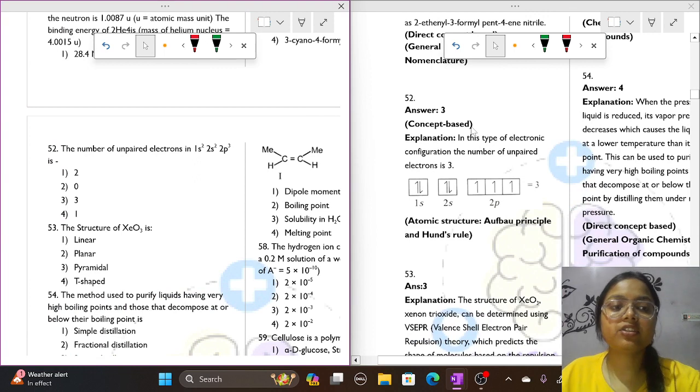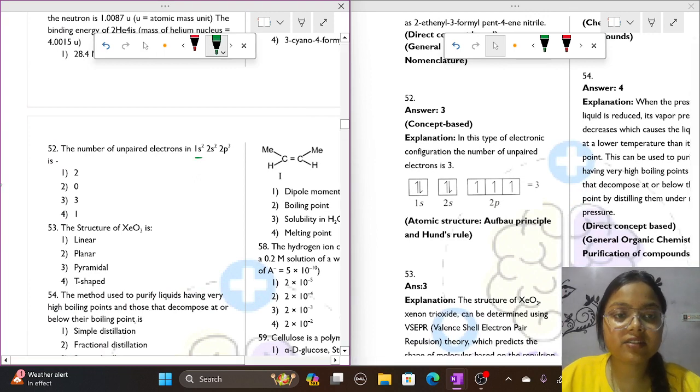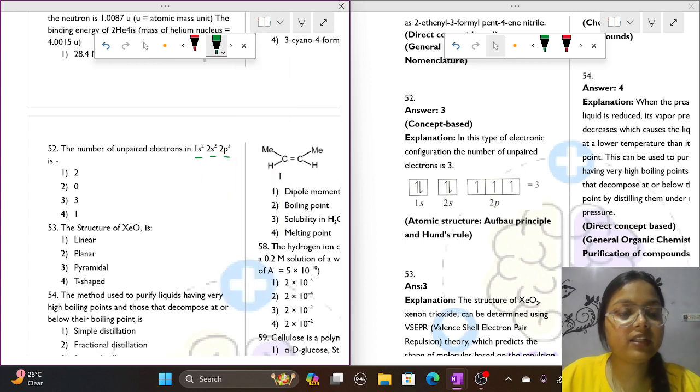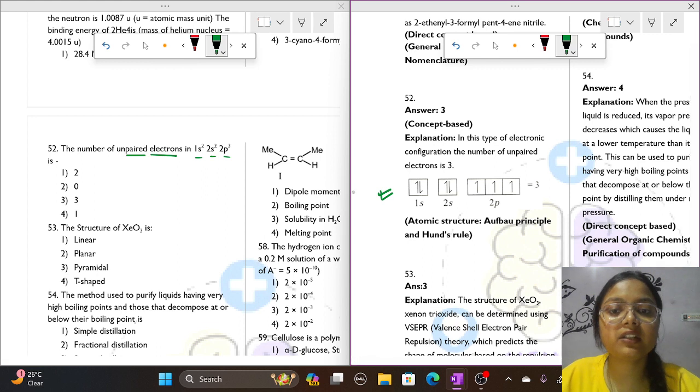Question number 52. The number of unpaired electrons in 1s2, 2s2, 2p3 is. The electronic configuration is given and we have to find the number of unpaired electrons. For finding the unpaired electrons, we first have to fill the electrons in the orbitals.